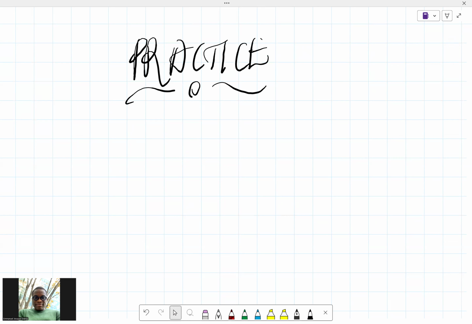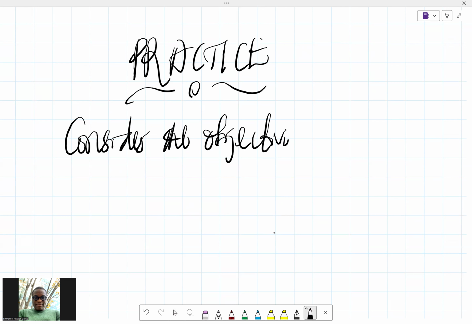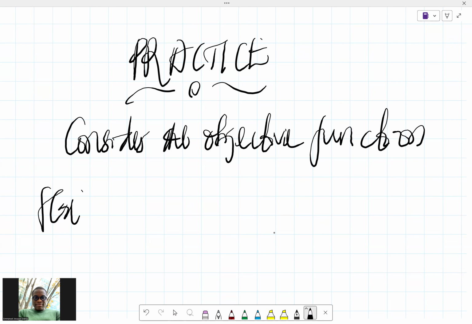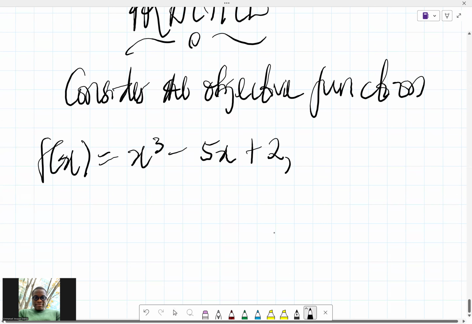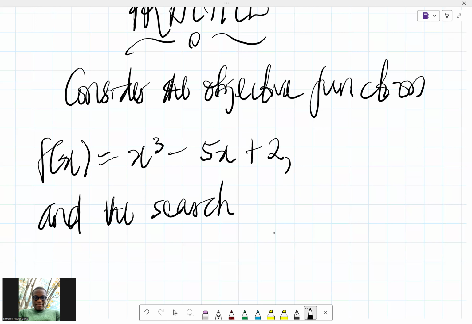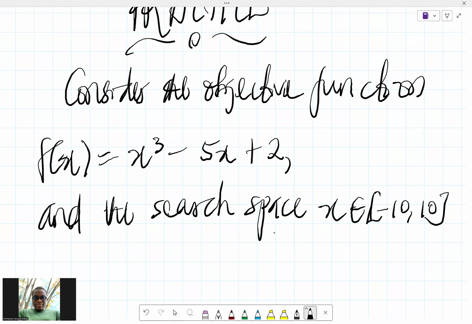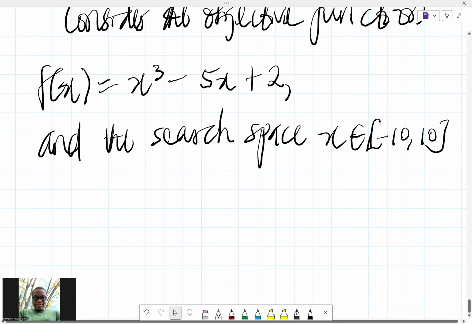Okay. So consider the objective function f(x) = x^3 - 5x + 2. And the search space, that's what we are looking for the solution, x belonging to [-10, 10]. So the solution lies within that closed interval. Okay.